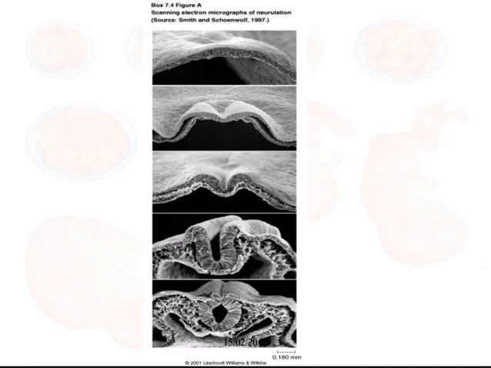So here is a clear picture of how it looks. In the beginning it is flat. Here we have a small groove. This groove, here we can call this a plate. This is the plate. Is that clear? Here it's very clear to identify this plate. Next to it is the neural crest.